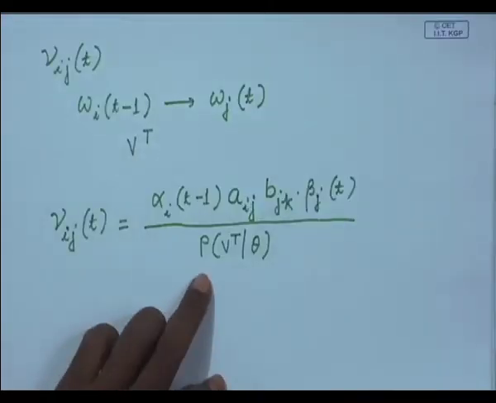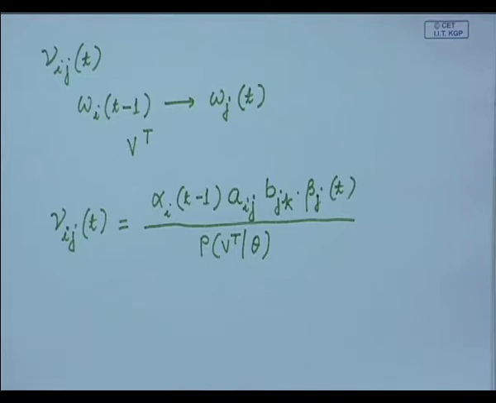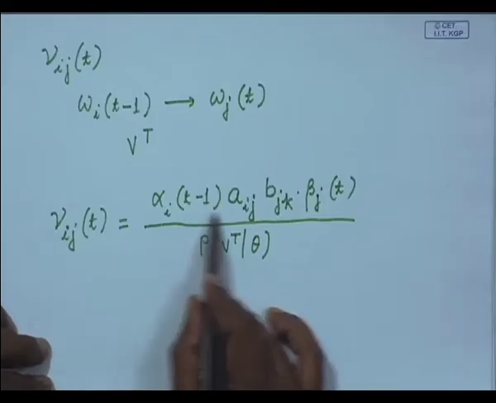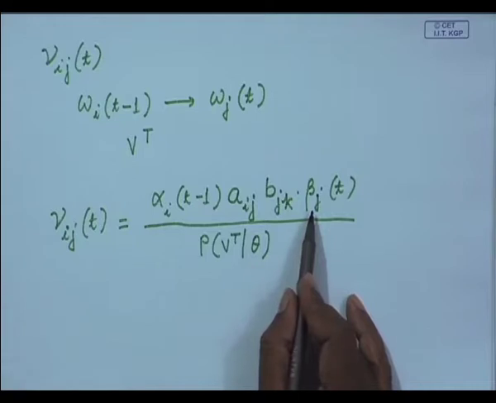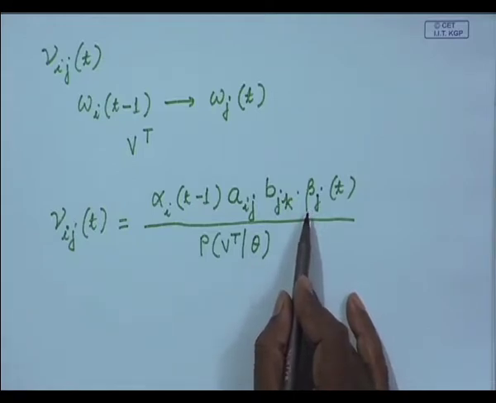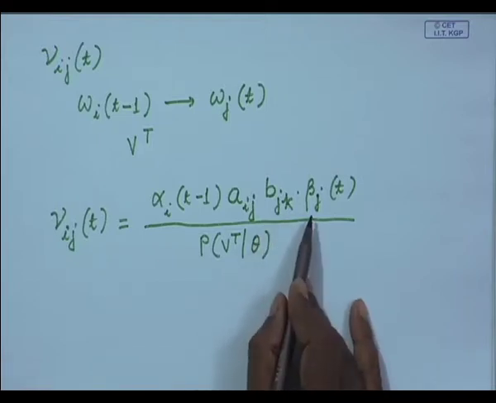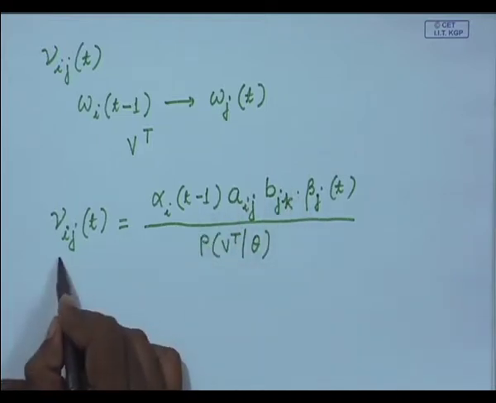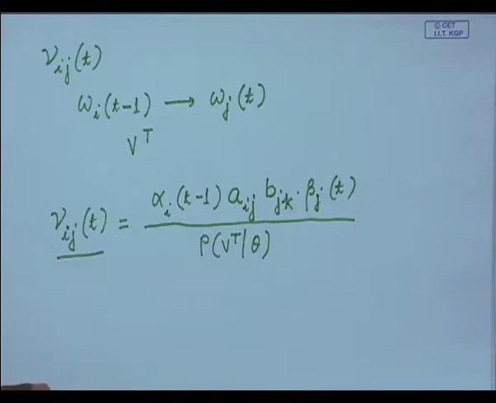So, this p V t given theta is actually the probability that the model theta has generated this V t following any path, and this includes only that path where a transition from omega i to omega j from time step t minus 1 to time step t is involved. So, this is an estimate of the probability of transition in the tth step from omega i to omega j at time step t.